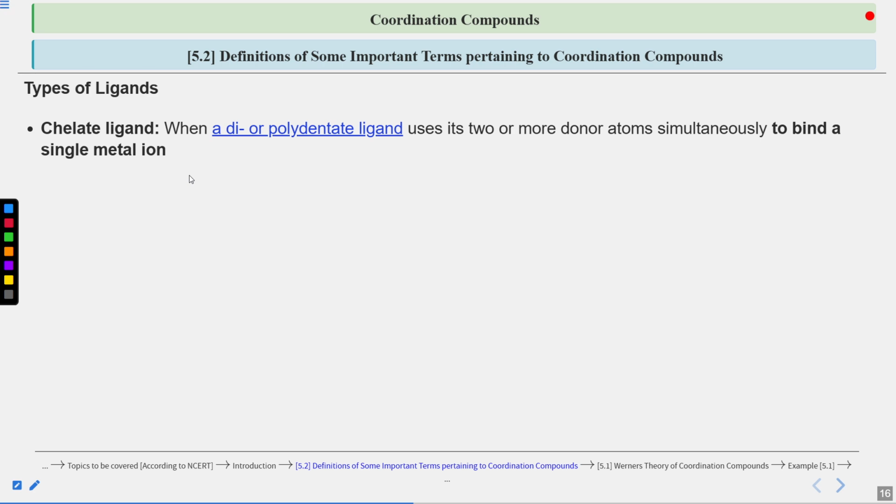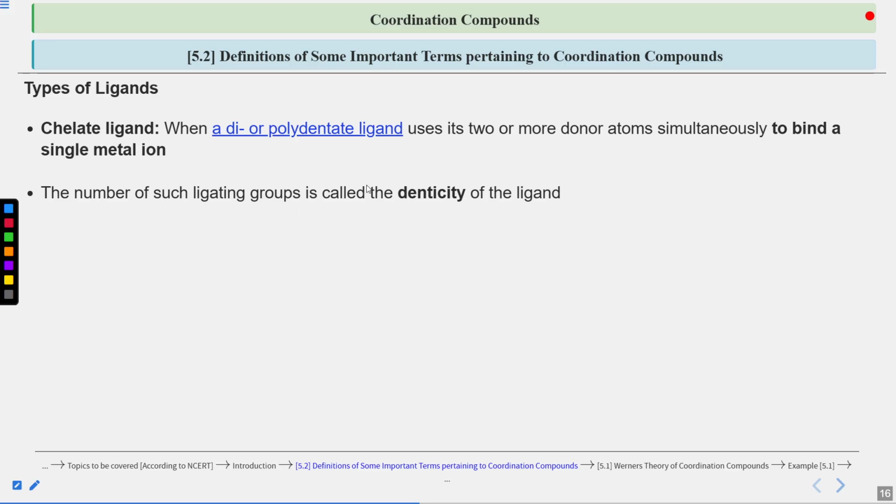But if a di- or polydentate ligand uses all its donor atoms to bond with the central atom or ion at the same time, then a chelate ligand is formed. So the structure formed by multiple bonding at the same time by 2 or more donor atoms present in a ligand is the chelate.